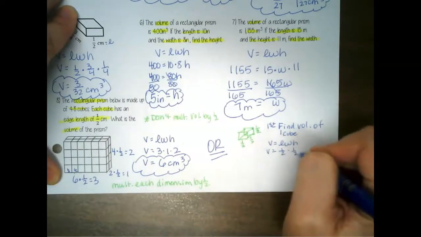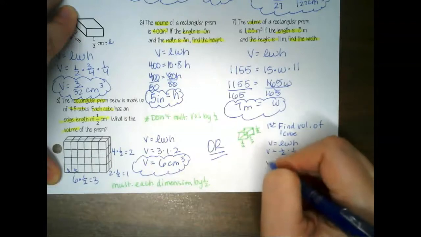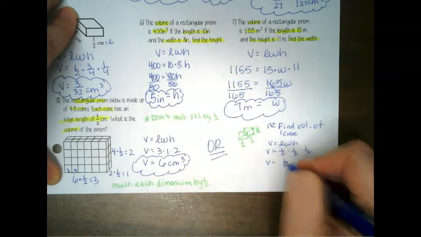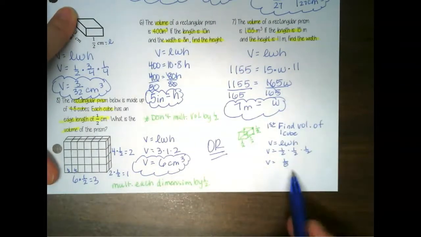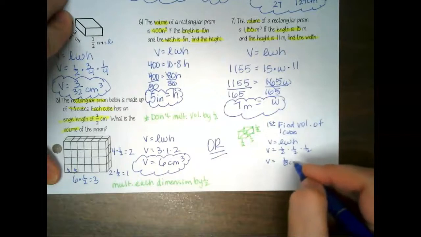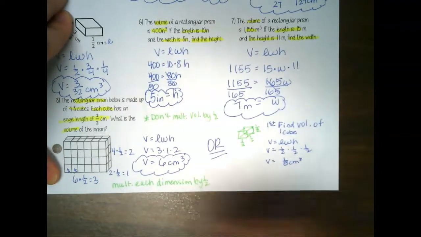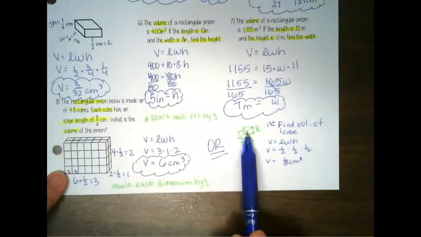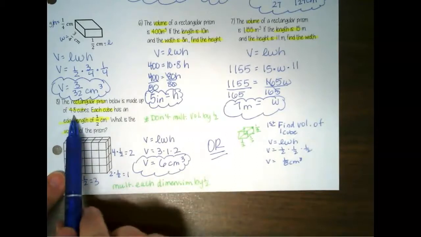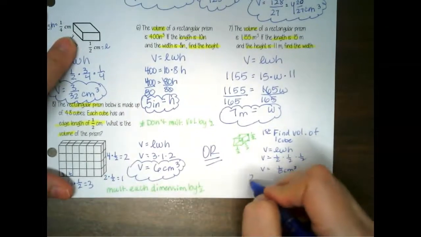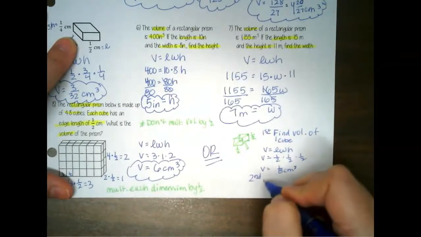Half times a half times a half is 2 times 2 is 4, 4 times 2 is 8. So that is the volume of one cube. Okay? And it's really cubic centimeters. But that's not our final answer because we don't have just one cube in this picture. We have 48 cubes.